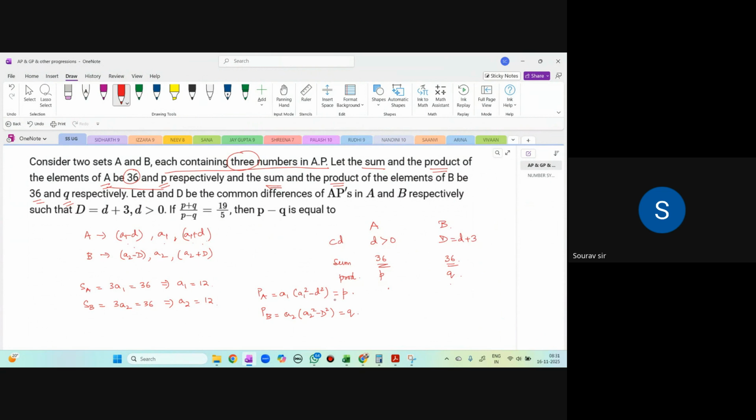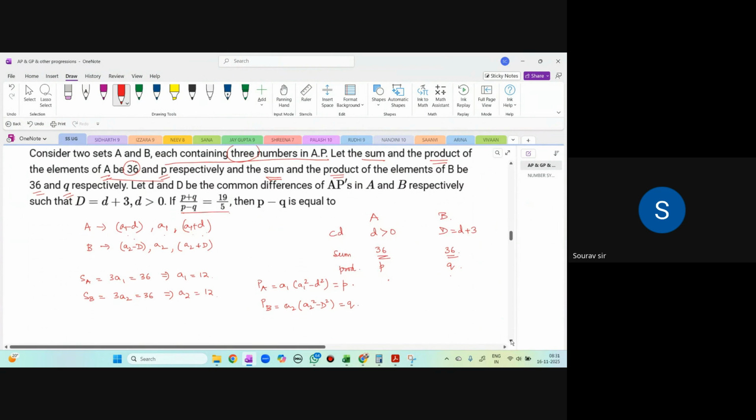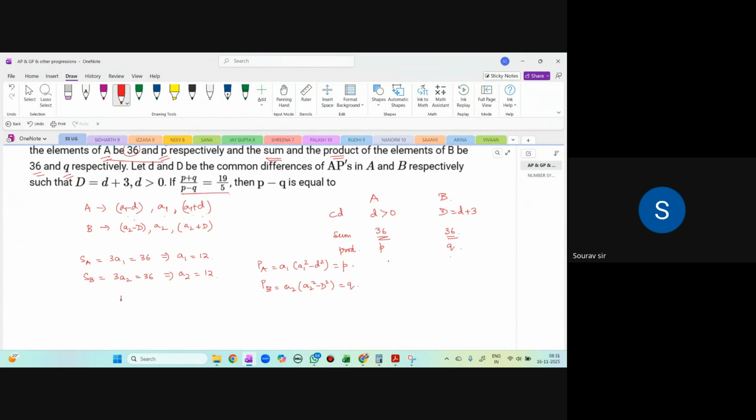Right? And P plus Q by P minus Q is given as 19 by 5. So you can do componendo dividendo here. You add P plus Q with P minus Q, that gives you 2P. And then you subtract P minus Q from P plus Q, that will give you 2Q.